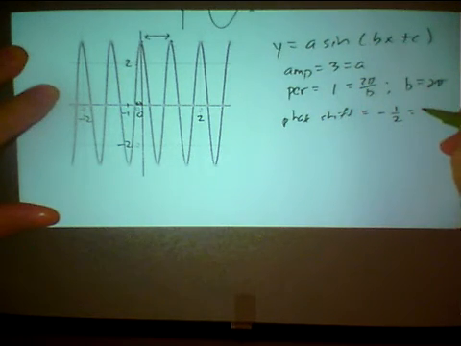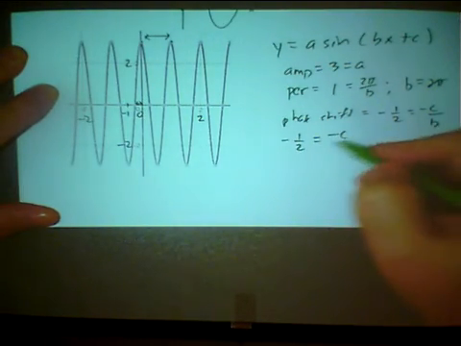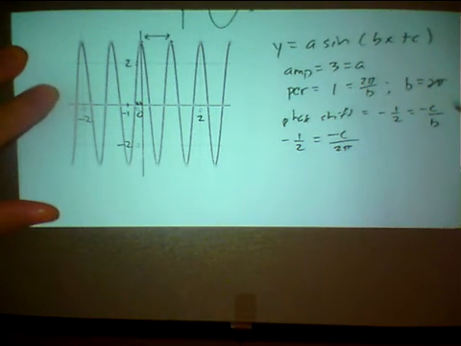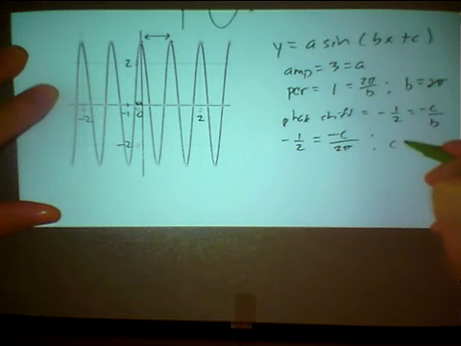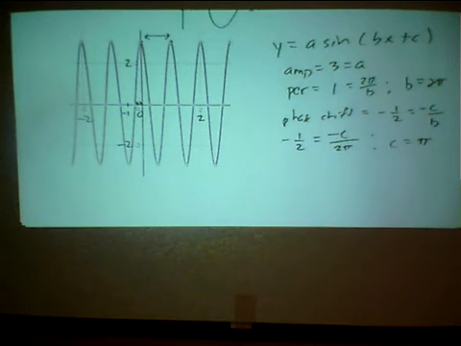Phase shift is negative c over b. B is 2 pi. So if I solve for c, I believe it's going to be pi. Except I'm not sure about this phase shift.